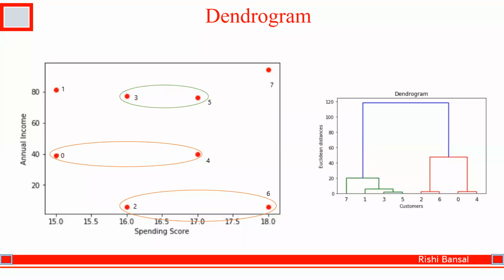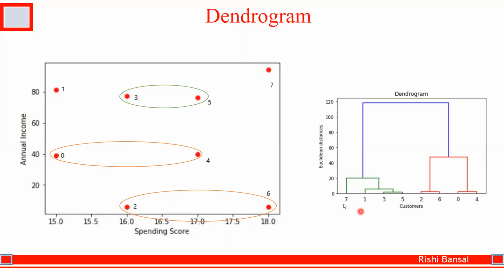So we started from 8 clusters. 3 and 5 are combined into one cluster. Same way, when 0 and 4 are combined, it became one cluster. So now you can count. This is one cluster, this is the second cluster, this is third, then this is fourth and fifth. Total 5 clusters till now.